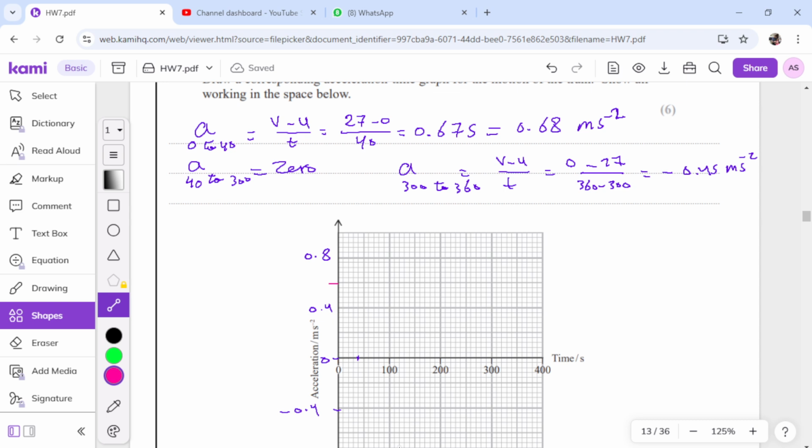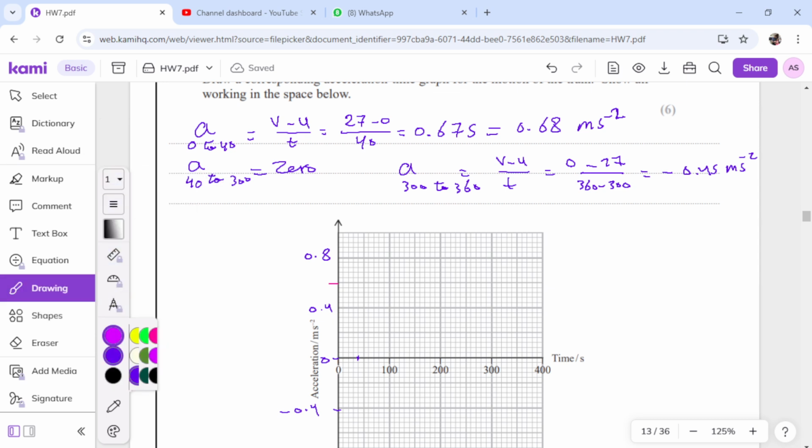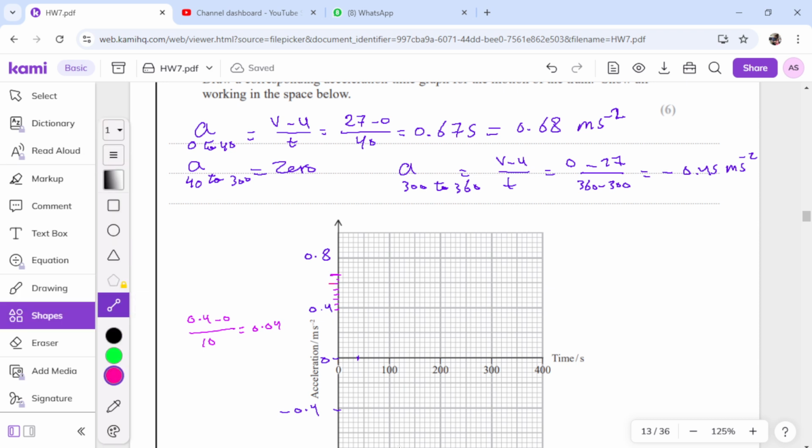Each time we will increase by 0.04. You have to understand how you can find the accuracy for each one: 0.4 minus 0 divided by 10 equals 0.04. So this is 0.4, 0.44, 0.48, 0.52, 0.6. We need to draw 0.68, so 0.64, 0.68 will be here. So I have to draw a straight line here.